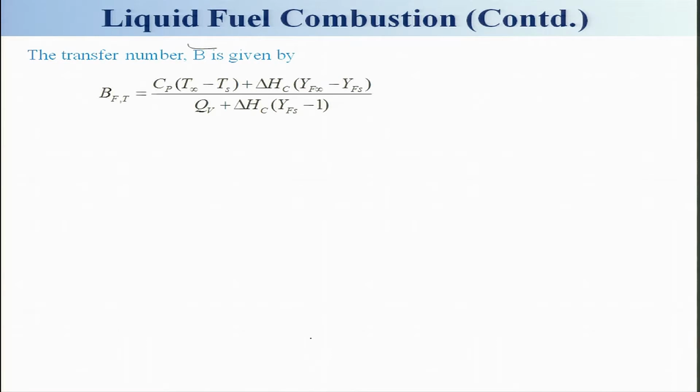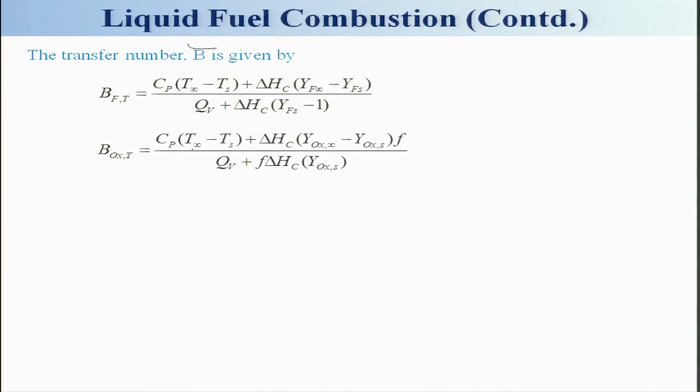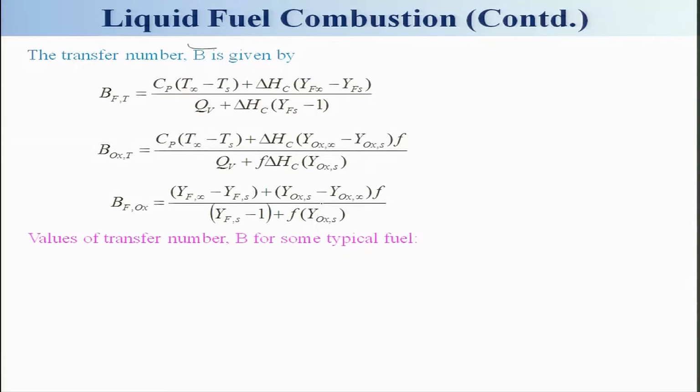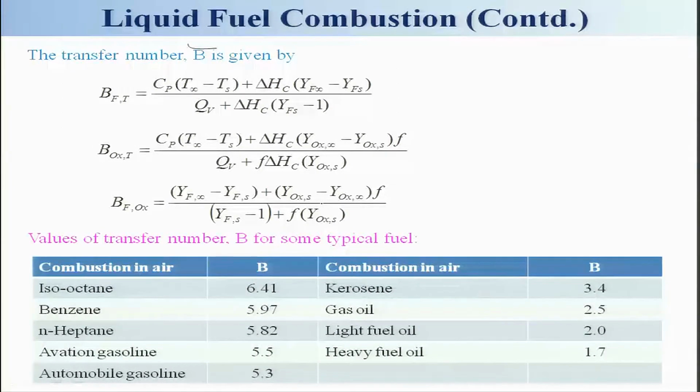As I told you, this transfer number B is given by this expression, which was already discussed, and then B_OX,T will be given like this, and this is B_F,OX. The typical values of transfer number B for typical fuels are given: isooctane 6.41, and benzene, heptane, kerosene, gas oil, light fuel oil, all of those are given.